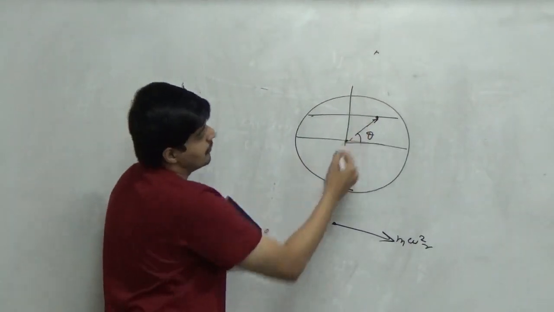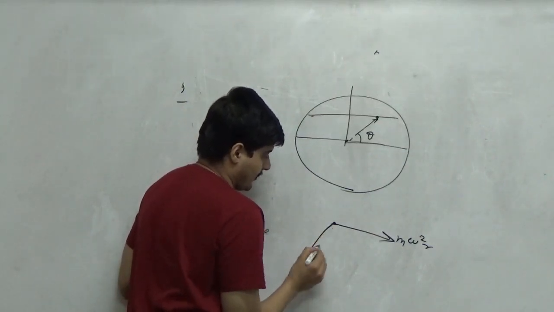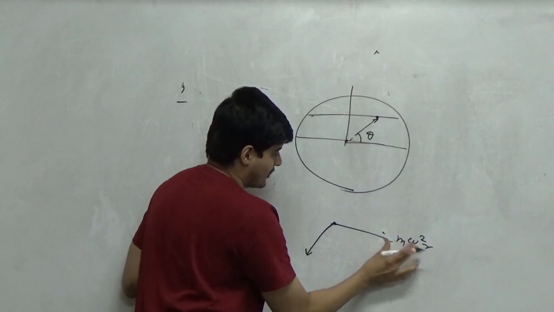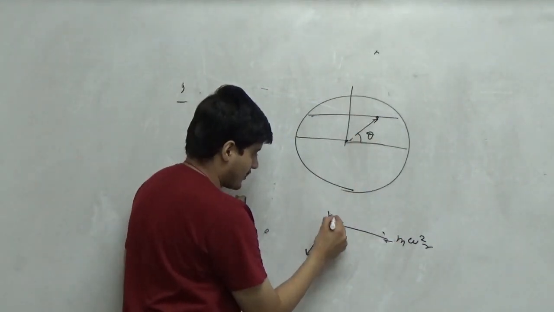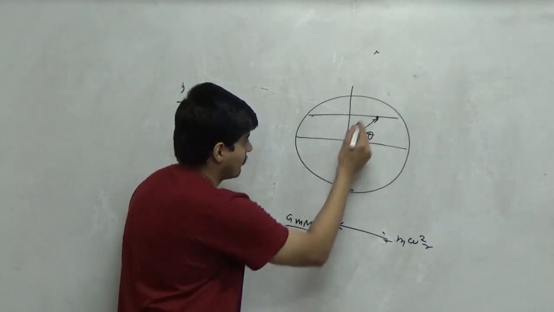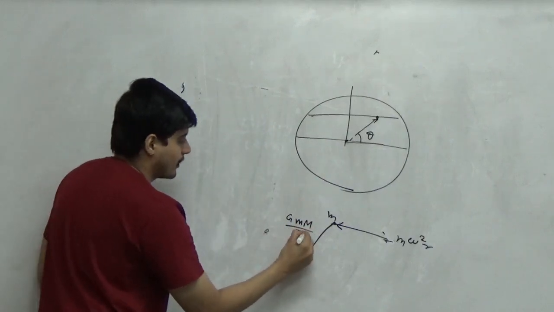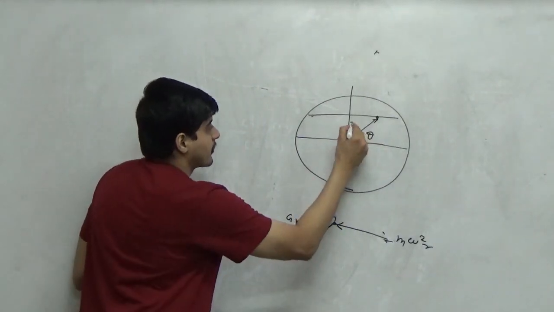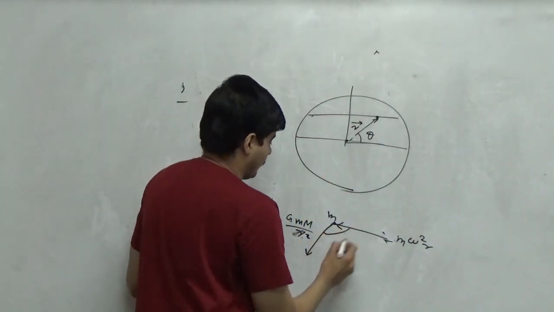And the other which tries to bring it down to the center of earth. Right? So if I am on this frame of reference, it will be this. This is my mass m. So this is the gravitational force GMm upon r square. Now this r is not capital R, but a small r, which is this, and this angle is theta.